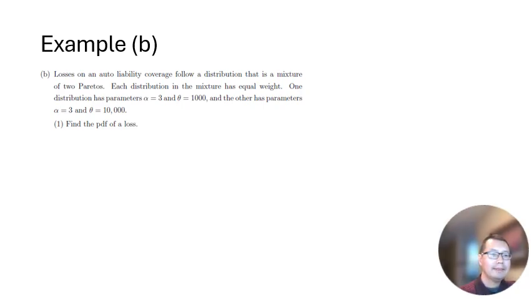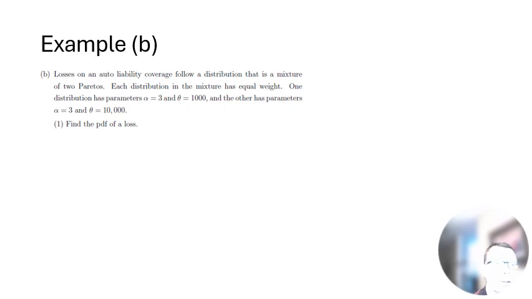Now let's look at example B. Losses on an auto liability coverage follow a distribution that is a mixture of two Paretos. Each distribution in the mixture has equal weight, which means the weight is 50%. One distribution has parameters alpha equals 3 and theta equals 1000, and the other has parameters alpha equals 3 and theta equals 10,000.